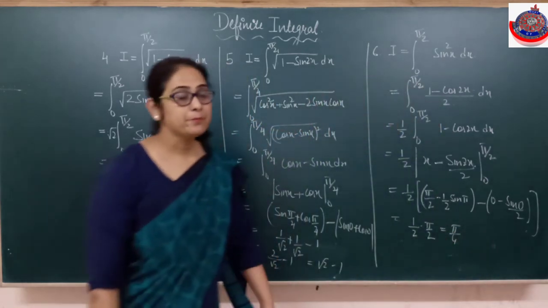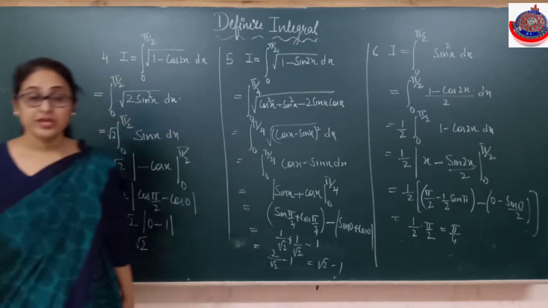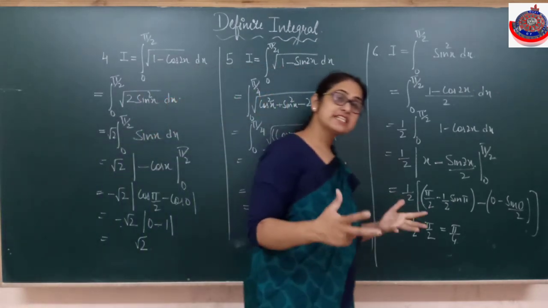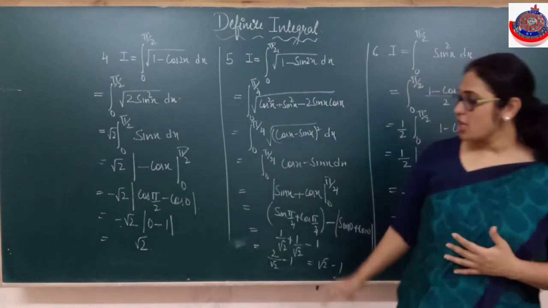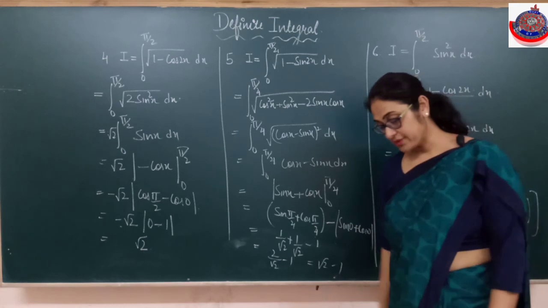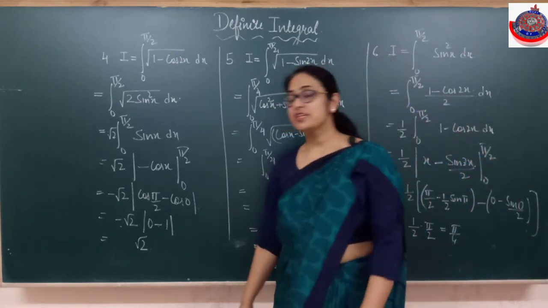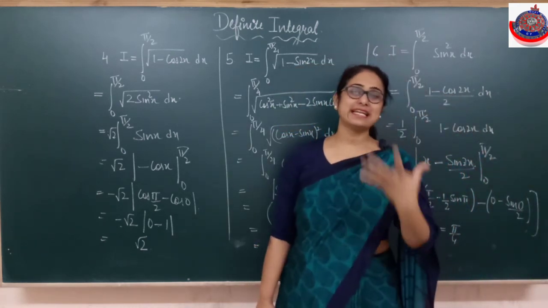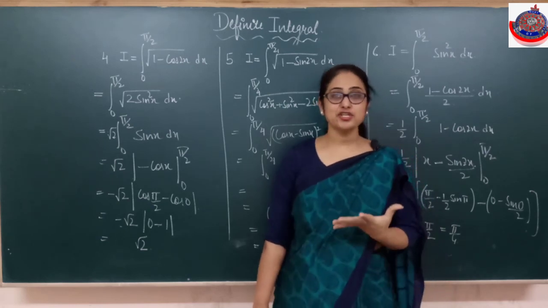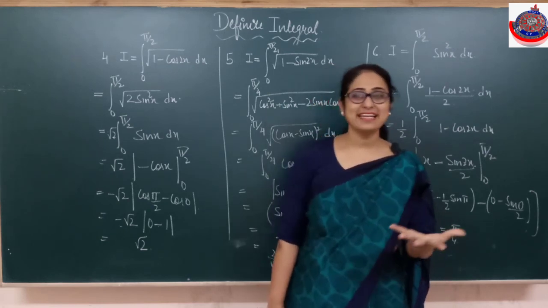Is it clear to everyone? So what do you have to do in definite integration? You have to integrate the function using all the things you have done in indefinite integration. Towards the end you will just put upper limit minus lower limit. Now these were simple questions which we could do directly. But you know from indefinite integration that things are not possible directly every time.